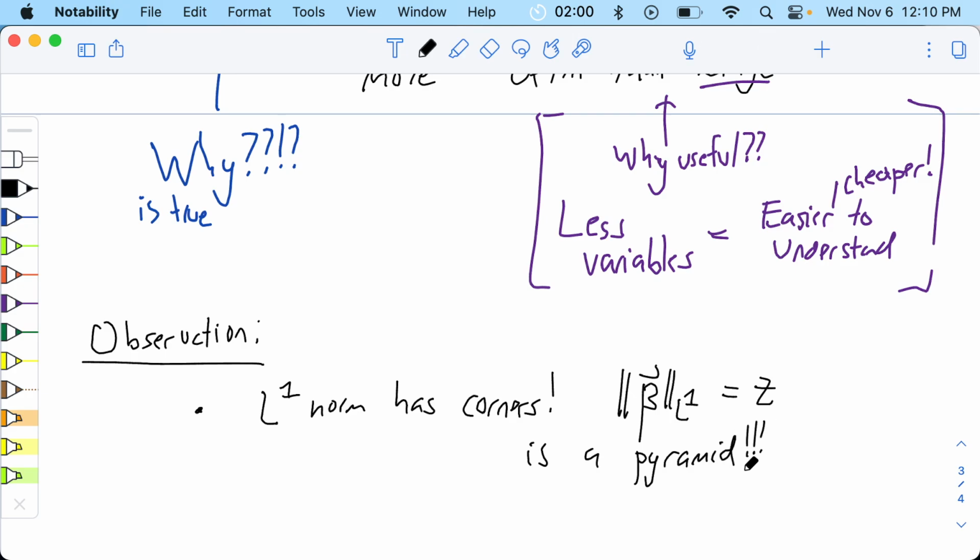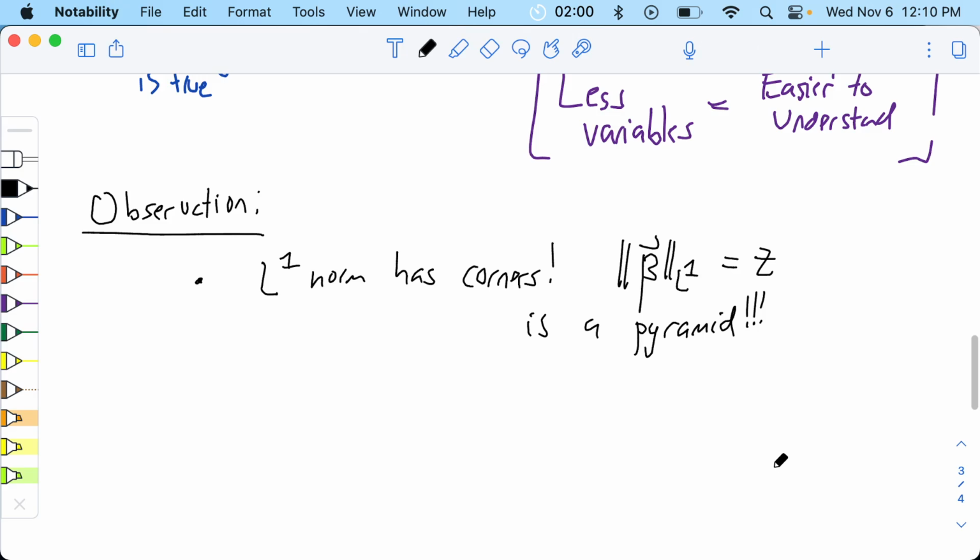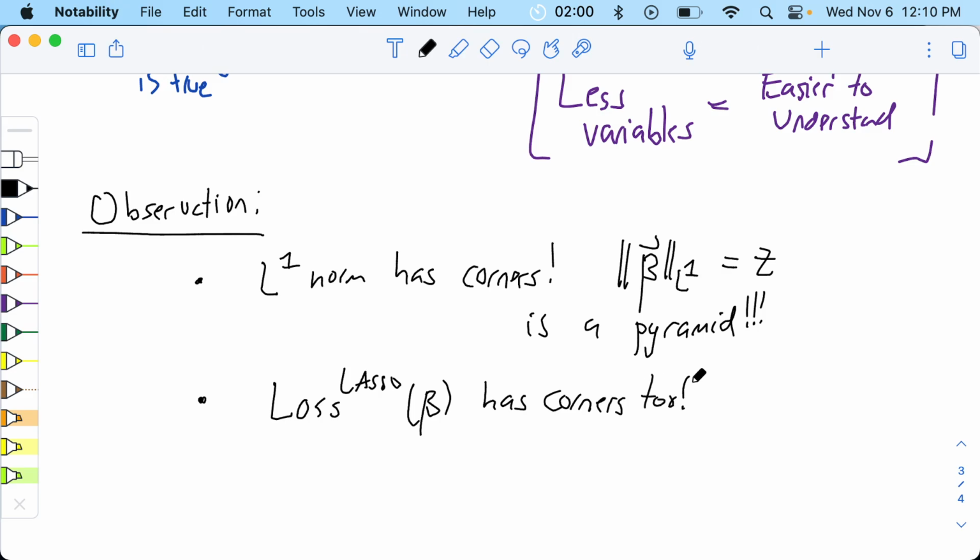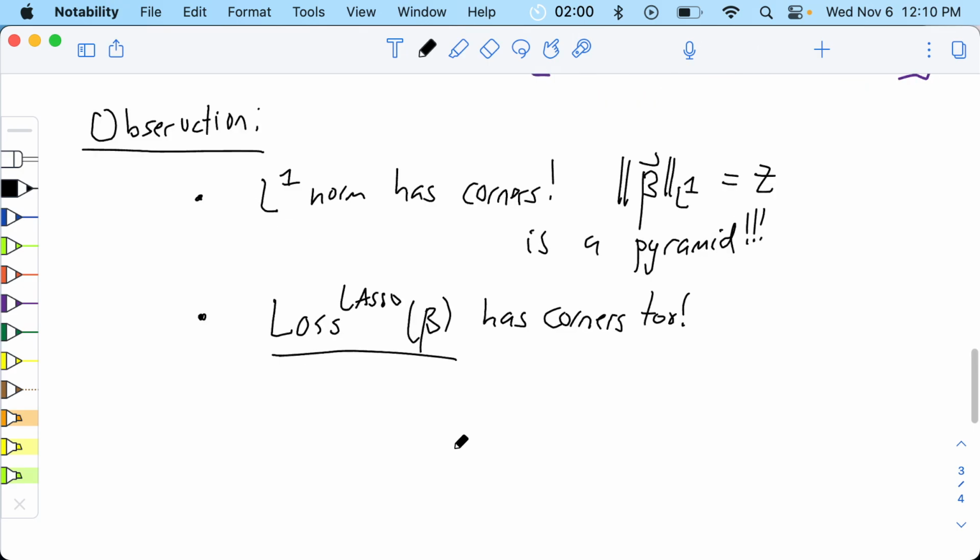So unlike the bowl shape from before, that is a pyramid. And therefore, the lasso loss function, the loss of lasso of beta, has corners too. This lasso loss function is a sum of this L1 norm plus the original thing, so it's going to have corners. And when you find the minimum, it is likely to happen on a corner.